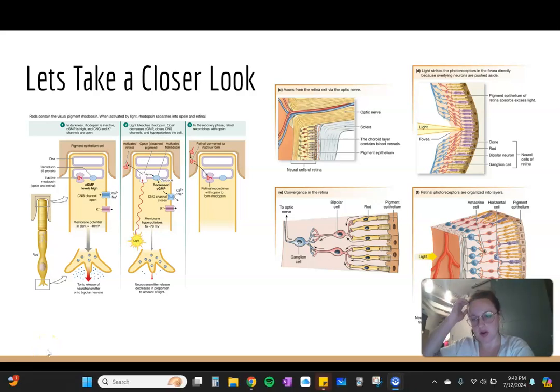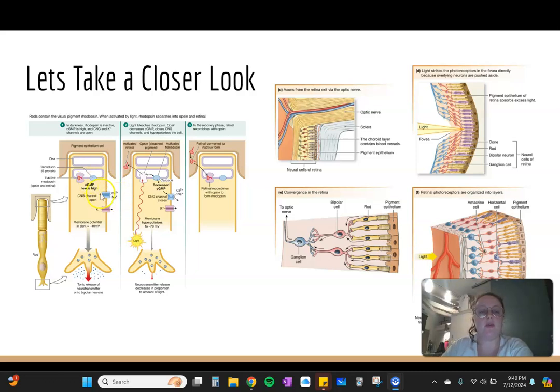So, sorry about that. So, in darkness, this image summarizes very well that we don't have light hitting our rhodopsin right here. And so our cGMP levels remain high.